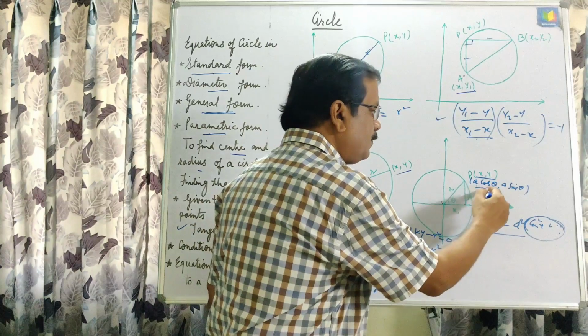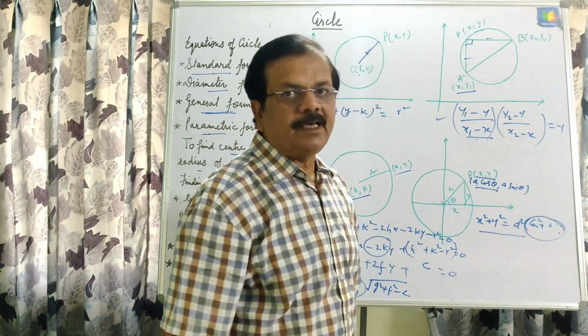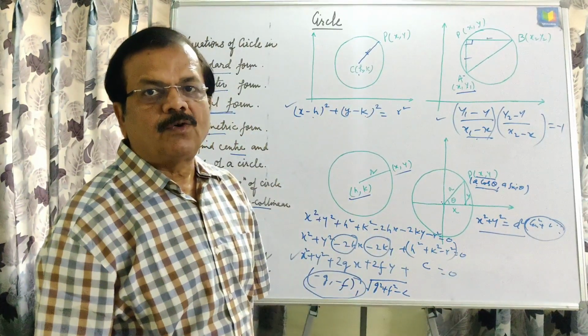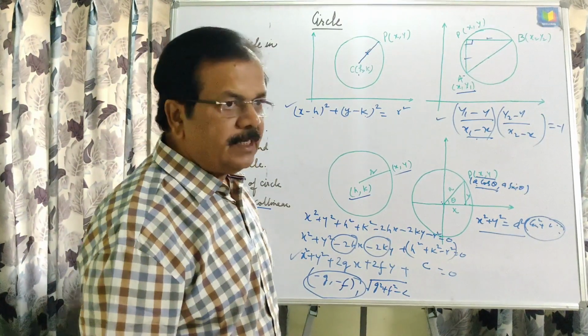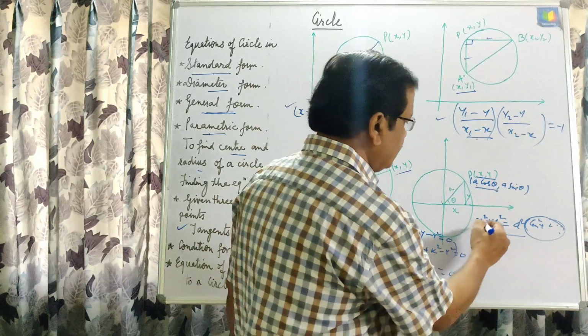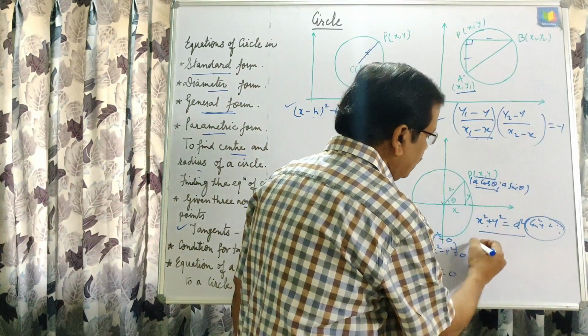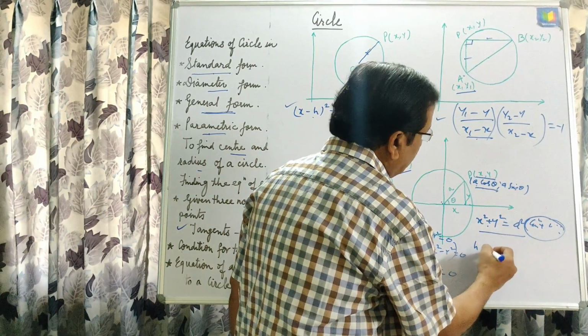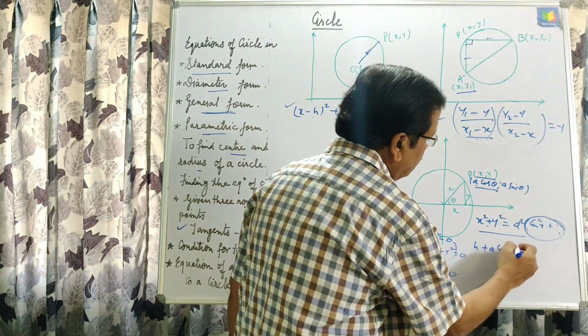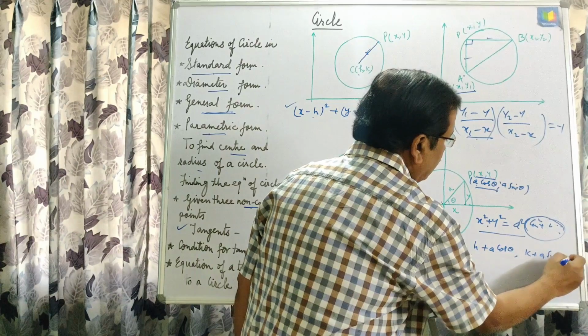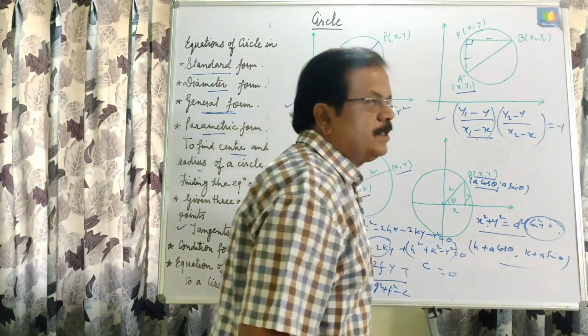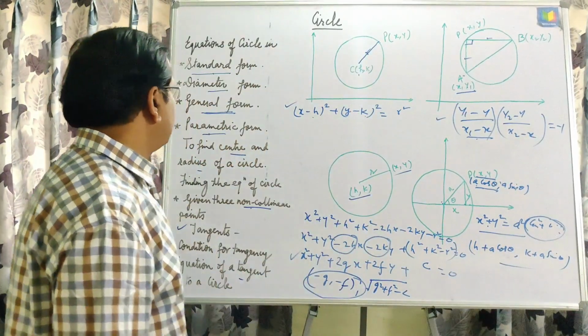If in place of this we are writing (x minus h) whole square plus (y minus k) whole square, then in that case x minus h will be a cos theta. So this is h plus a cos theta and k plus a sin theta, and this is the parametric form of equation of circle.